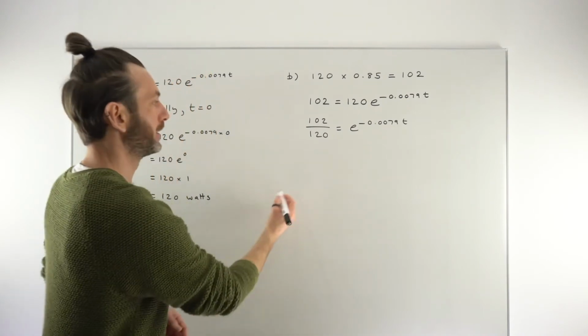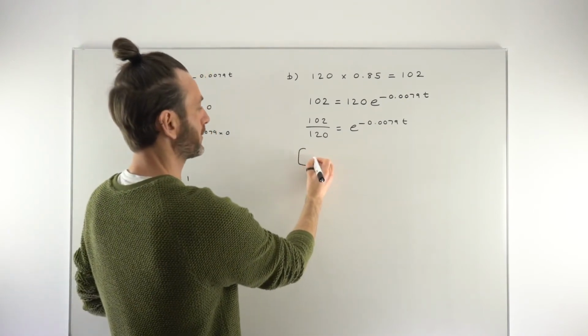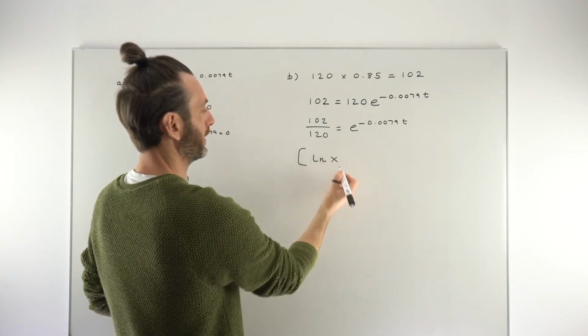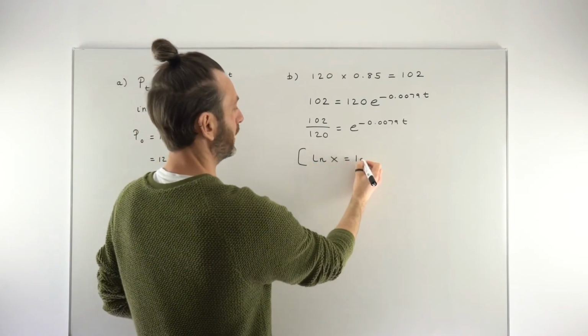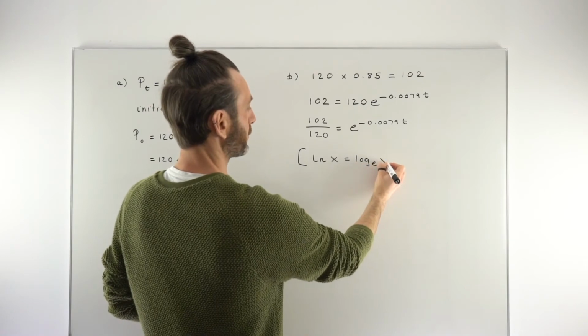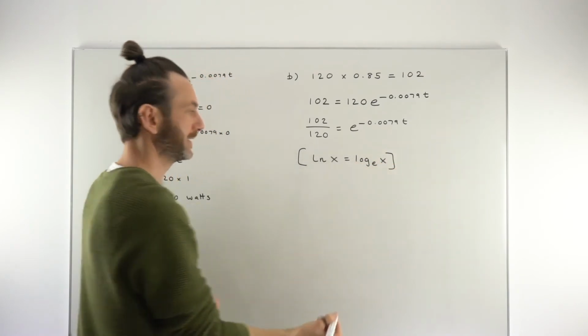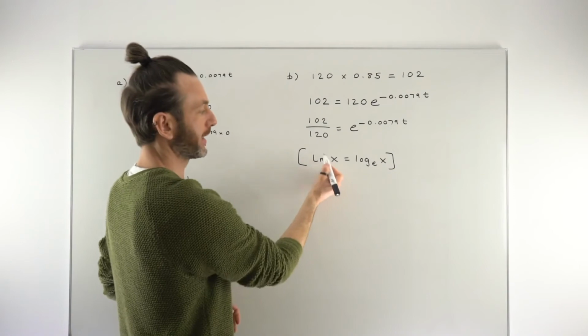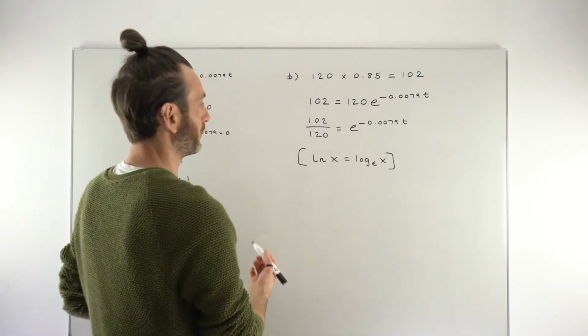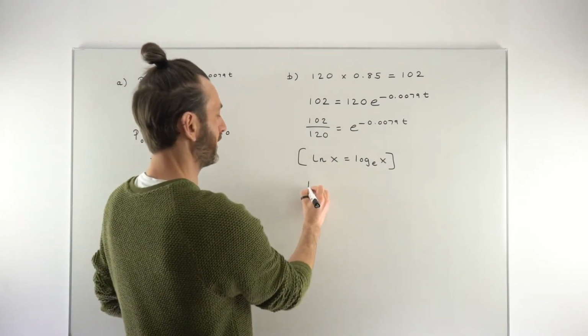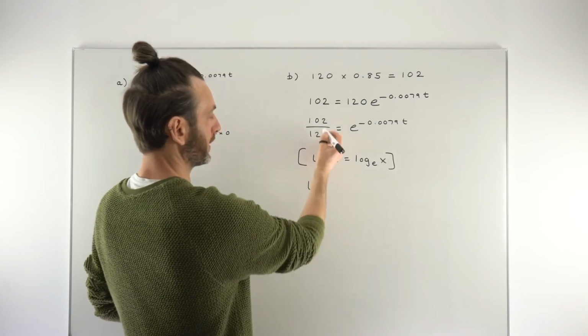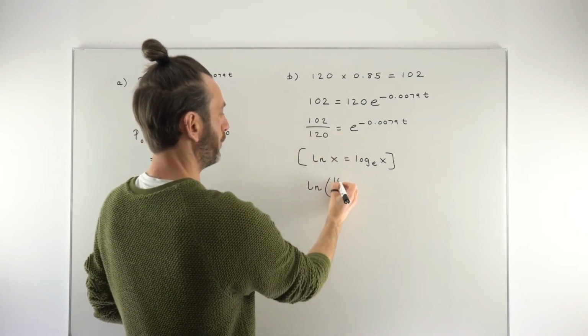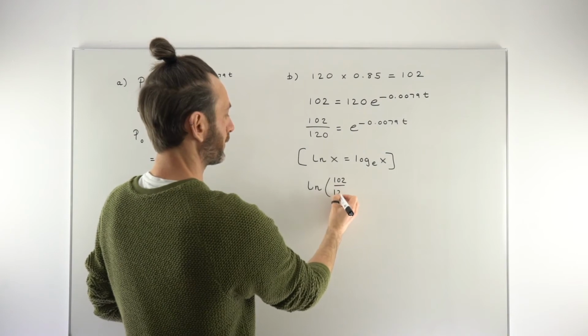So remember that this terminology that we use, ln x, is just shorthand for log to base e of x. So it's always important, I think, to keep that in mind. I know it appears just as a button on the calculator, but that's what it actually means, log to base e.